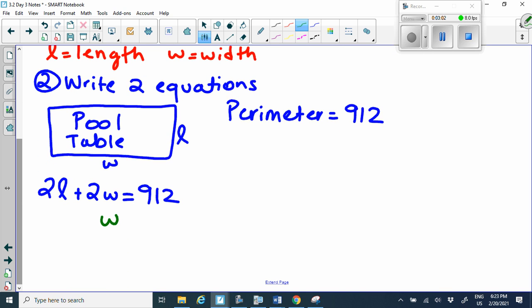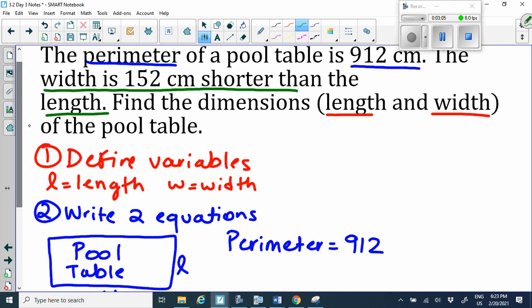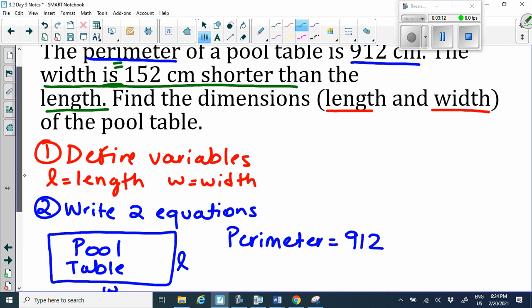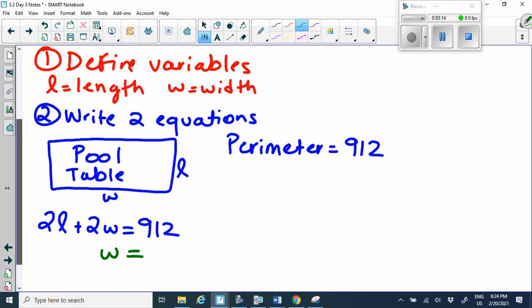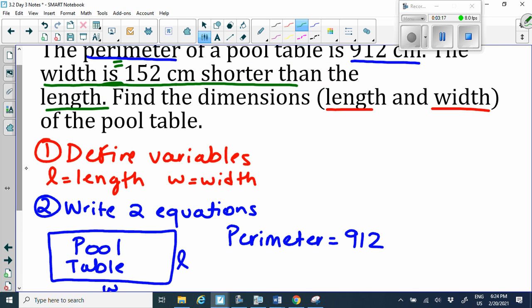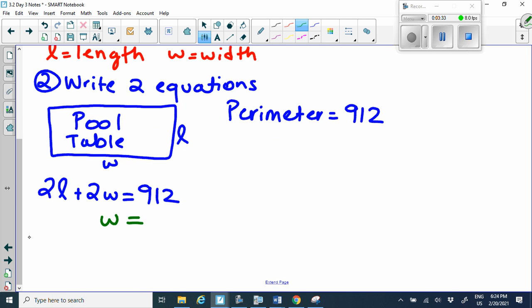Anytime you see the word is, that's going to represent our equal sign. So we'll have width equals 152 centimeters shorter than the length. Shorter means smaller, and smaller means we're going to subtract. If it meant getting bigger, of course you'd be adding. So we're going to use L because that's our length. So I'm going to have L minus 152.